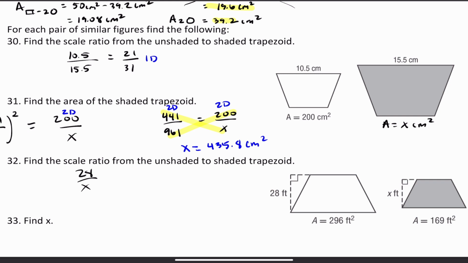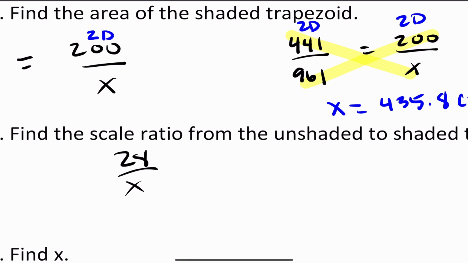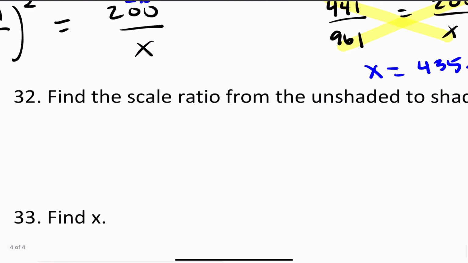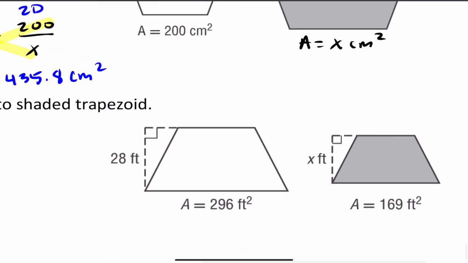No, you actually need to have a number in the numerator and also a number in the denominator, so that you have an actual scale ratio. So this is not my answer, and I can't use 28 over x as my scale ratio.